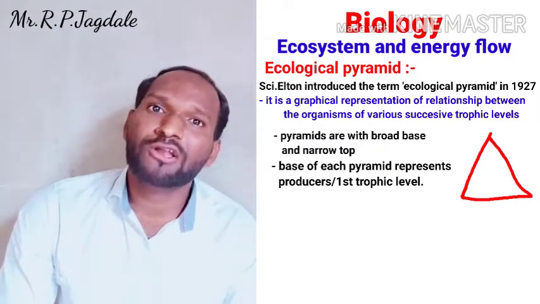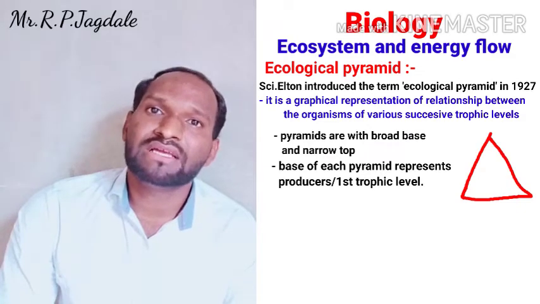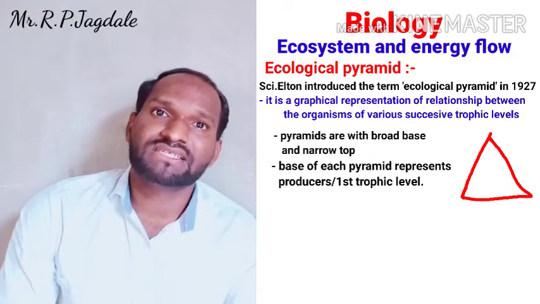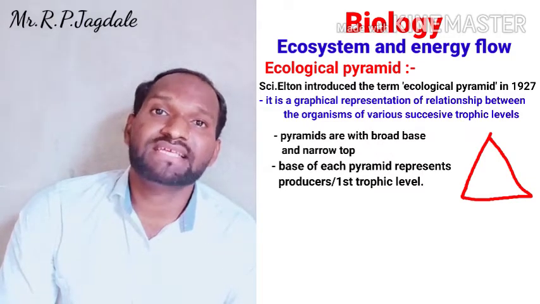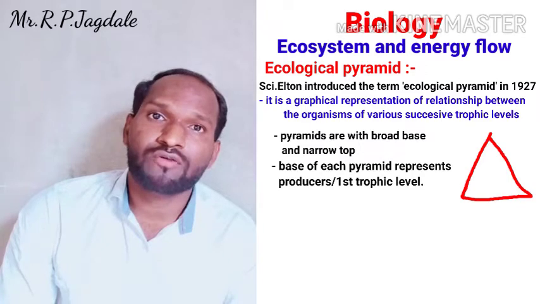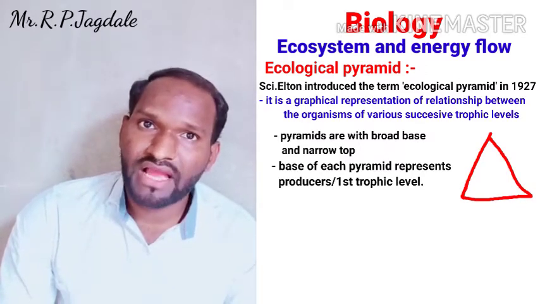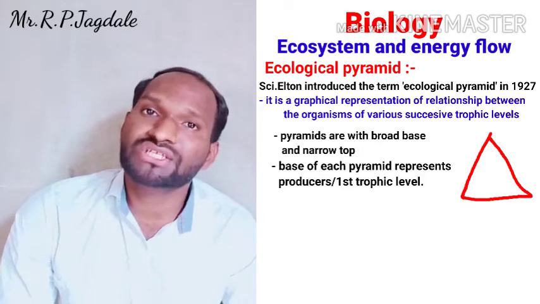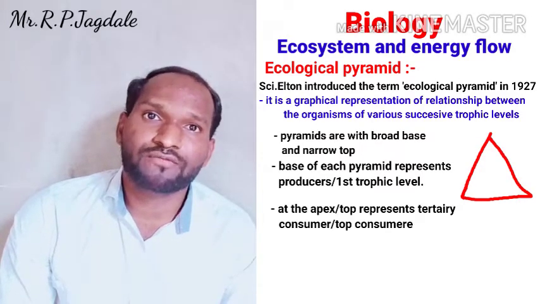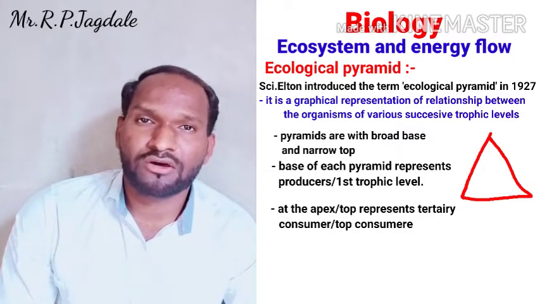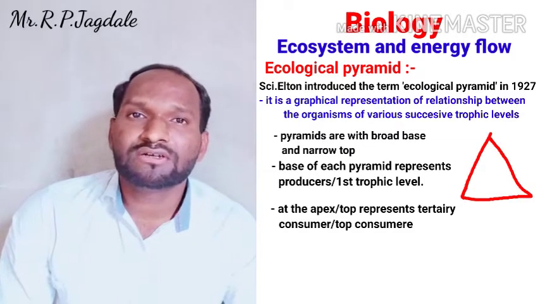So in the ecological pyramid, there are some concepts. At the base level, there is always a presence of producers, or we can call it the first trophic level. And at the apex, or the narrower region, there is a presence of top carnivores or tertiary consumers, or the fourth or third trophic level.